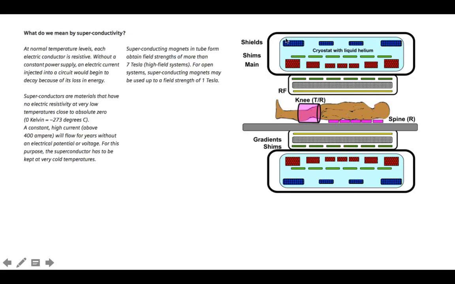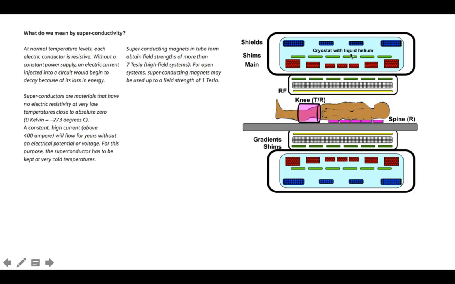Then you have some shielding to keep the magnetic field contained and prevent leakage of the very high magnetic field into the room. It's overall in a shielded enclosure, and as I said, these are liquid helium cooled magnets.